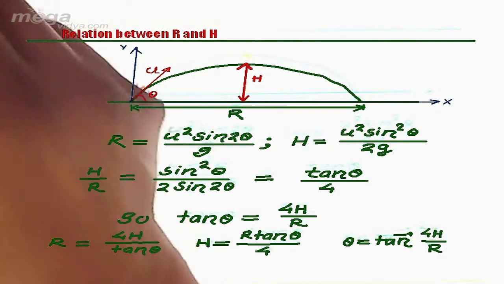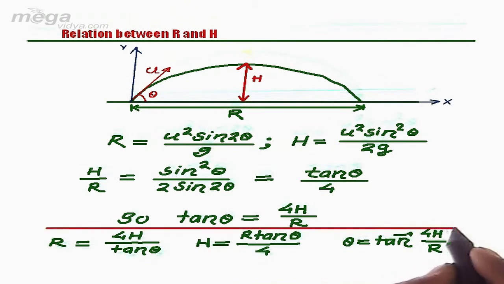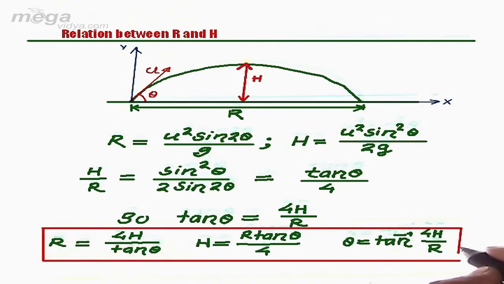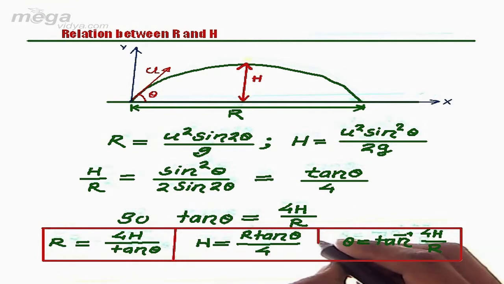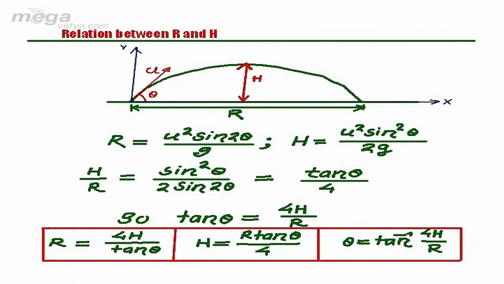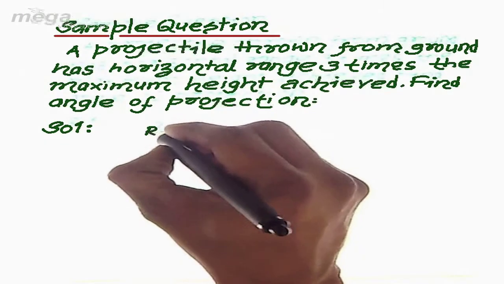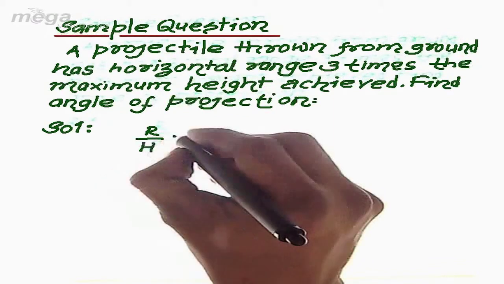You can see here that we got three basic and very important formulas to get range, maximum height and time of flight. A projectile thrown from the ground has a horizontal range 3 times the maximum height achieved. Find the angle of projection. In this question, we have been provided that R divided by H is 3.